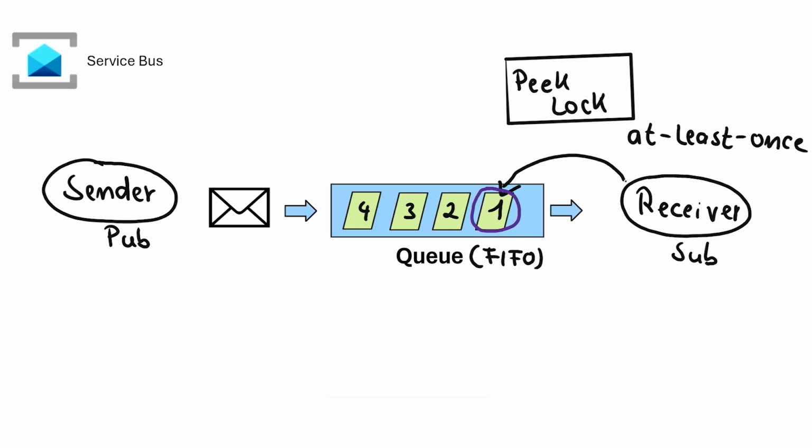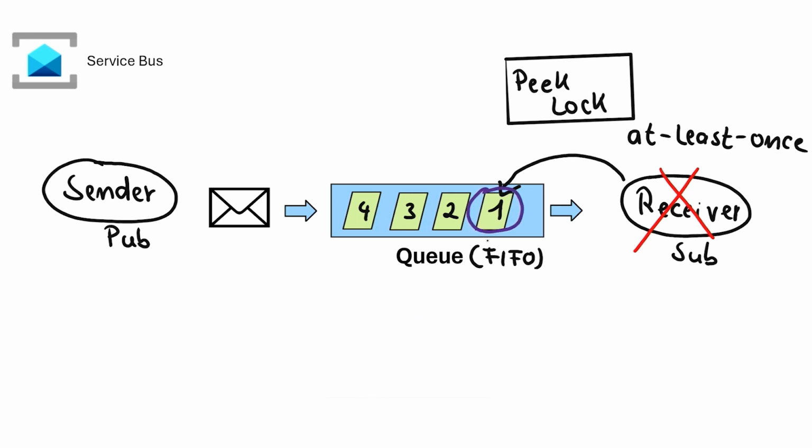Now it will then try to process it, and if it has completely and successfully processed it, it will return and say, hey, I did it. Now you can go ahead and remove this message from the queue. That way, we make sure that the normal case is all good. But what happens if the receiver fails while it's trying to process this and has already said, hey, I'm working on it?